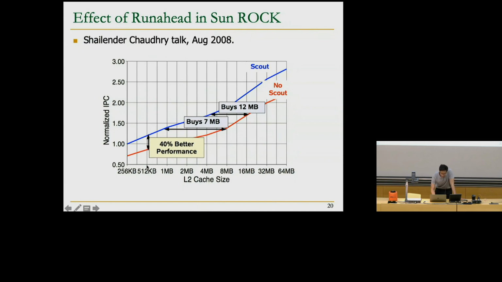For the same size of the L2, you can obtain up to 40% better performance. But also a very interesting thing here is that you can get exactly the same performance by having a much smaller cache. For example, 7 megabytes smaller in the case of Scout here, or 12 megabytes smaller in this case, if the original cache was 16 megabytes.